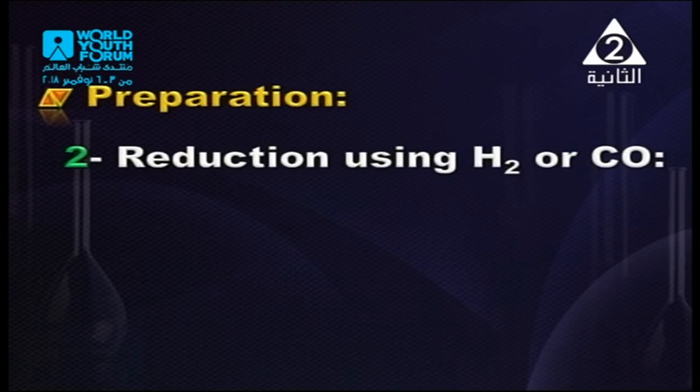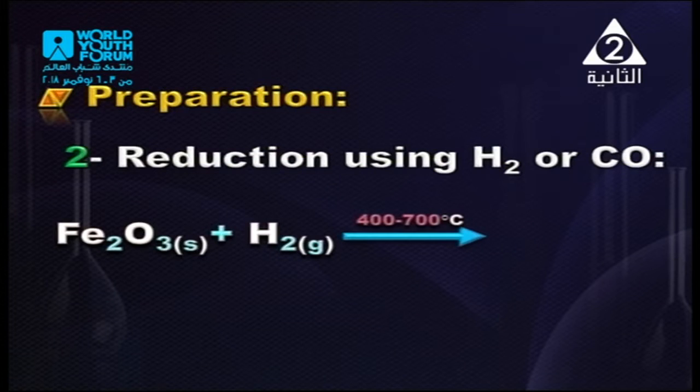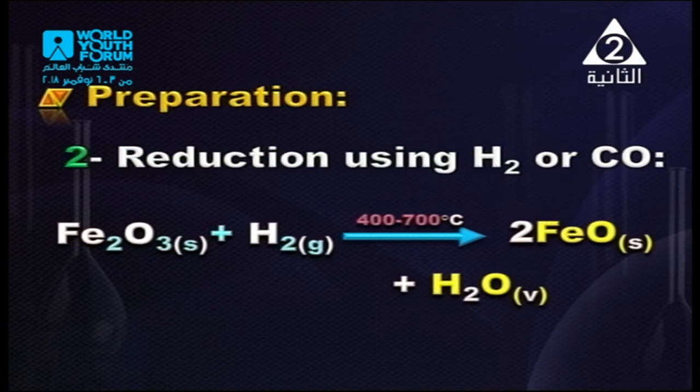The second point for preparation of iron 2 oxide is the reduction using a reducing agent such as hydrogen gas or carbon monoxide gas. If we reduce iron 3 oxide, Fe2O3, by hydrogen gas at a temperature of 400 to 700 degrees Celsius, it gives iron 2 oxide and releases water vapor.